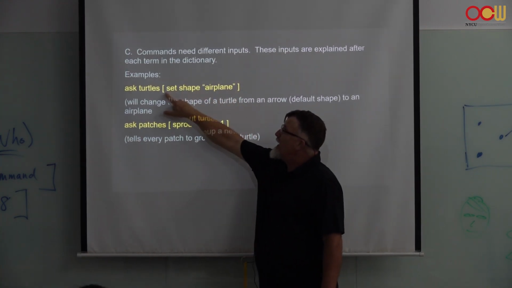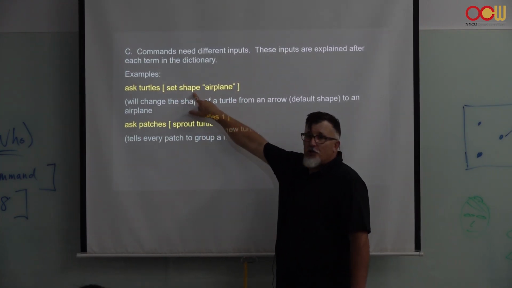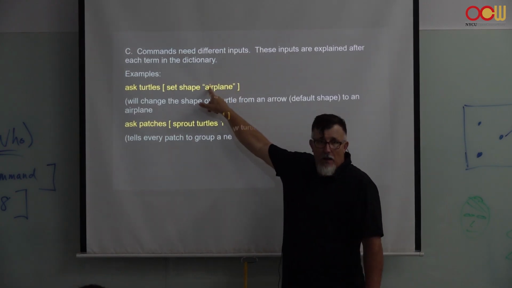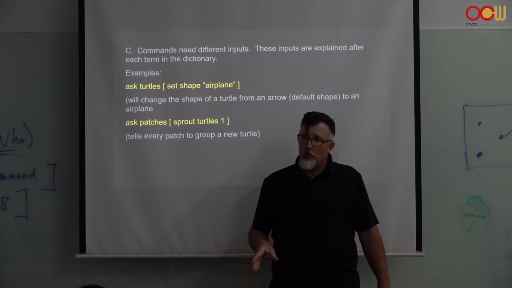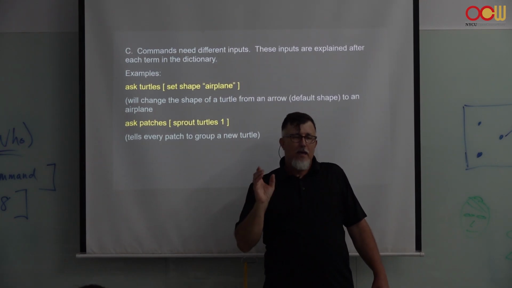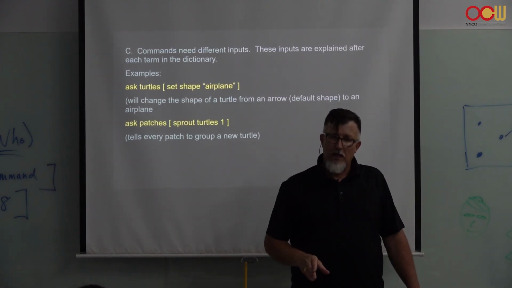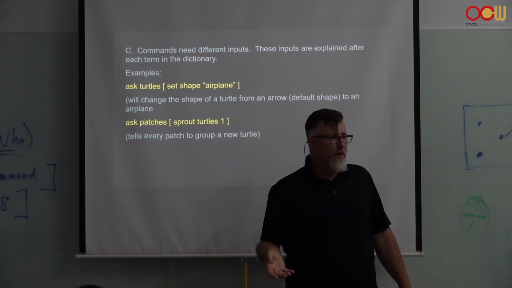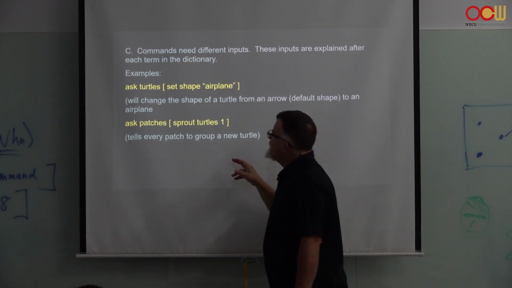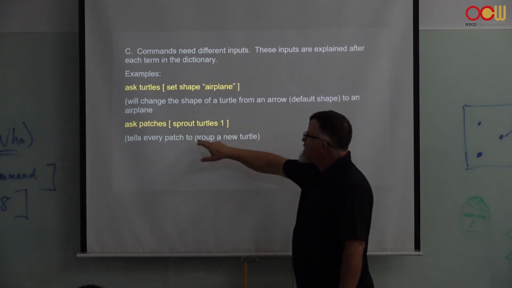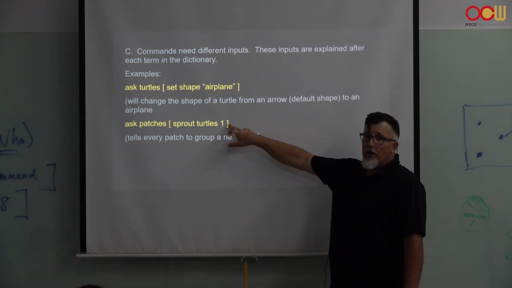For example, I'm going to ask the turtle, set your shape to an airplane. That means stop being an arrow, which is the default shape, and become an airplane. And it turns itself into the shape of an airplane. Ask patches, sprout turtles 1.